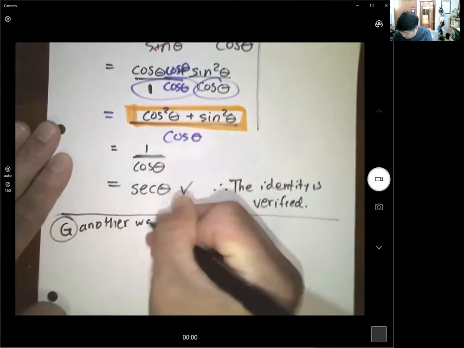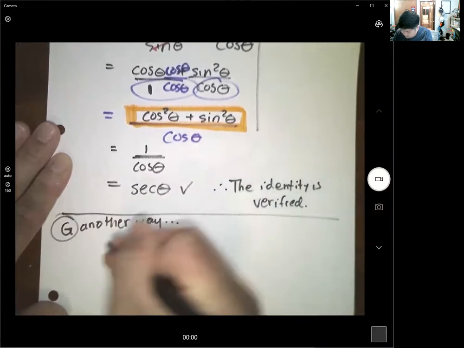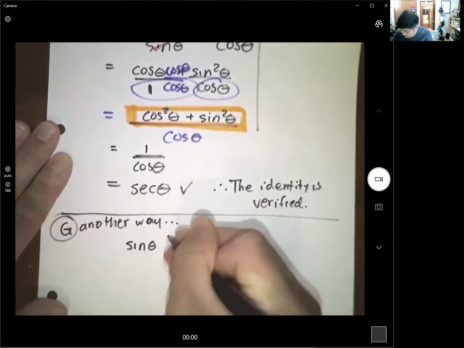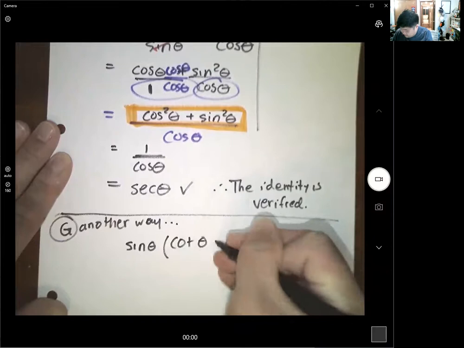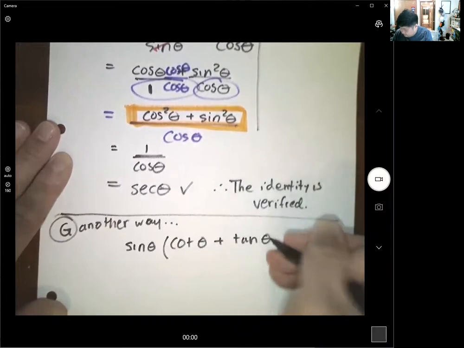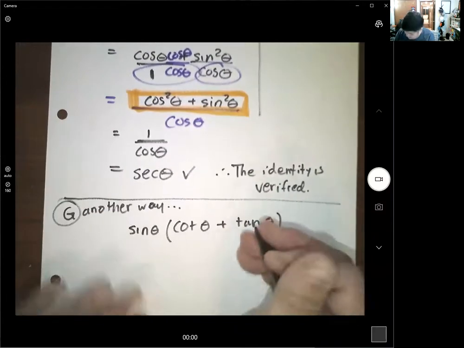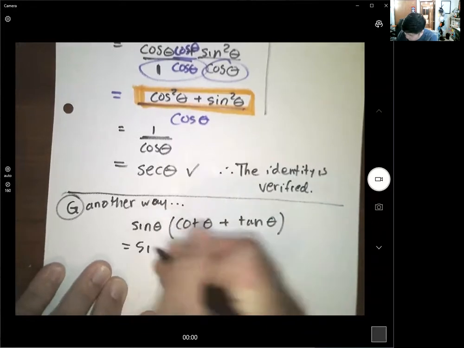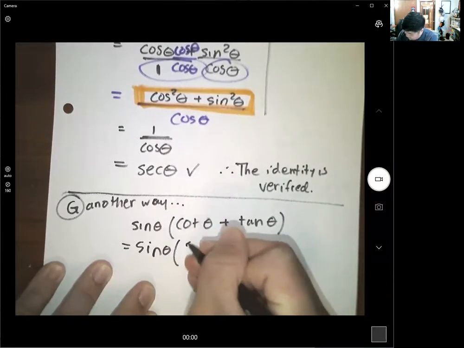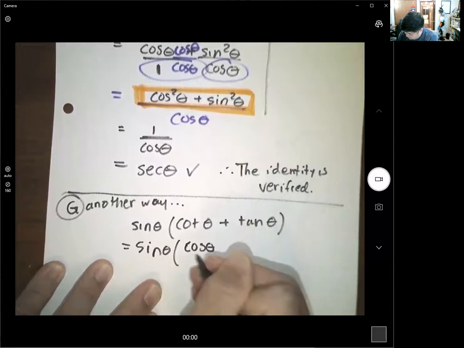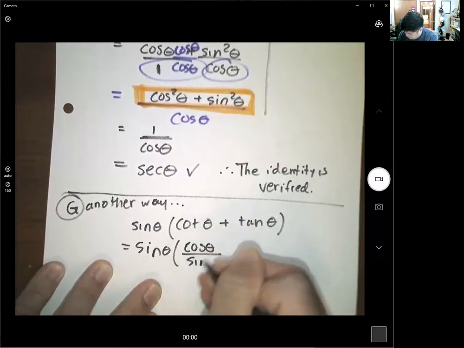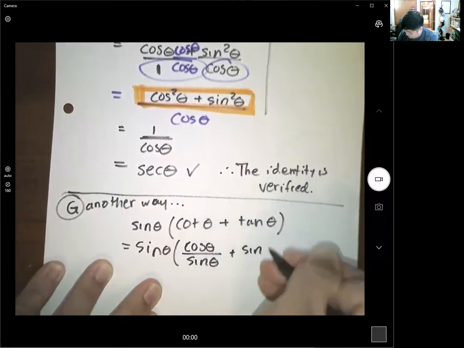All right, so let me backtrack for one moment, because if you want to see G another way, I want to show it to you another way, whether you like it or not. So if you don't want to see it, just skip over this part. And so here, remember that one thing I said that I could have done was just, let me rewrite this here.